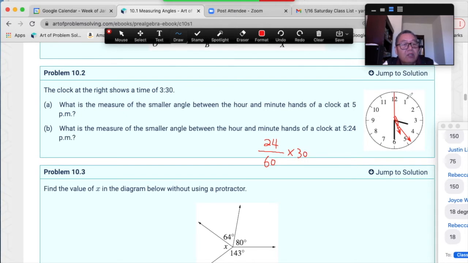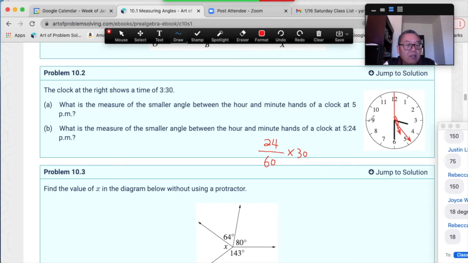Because if the hours hand moves 12 hours, then it will move 360 degrees, exactly 1 full circle.